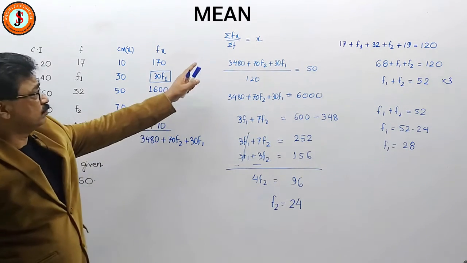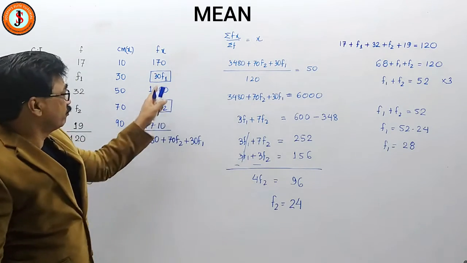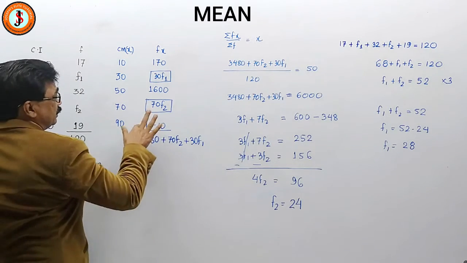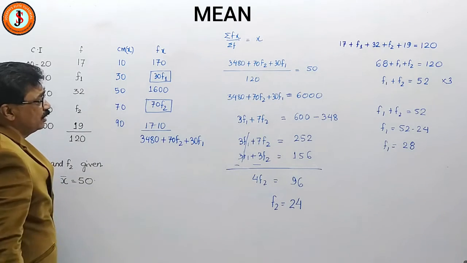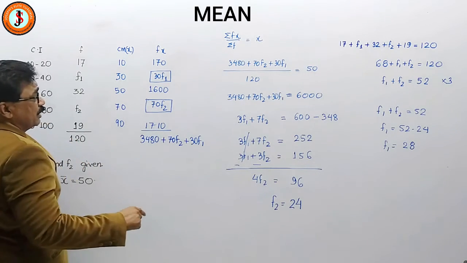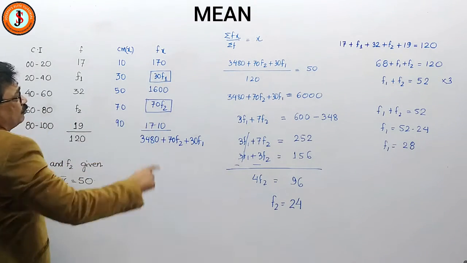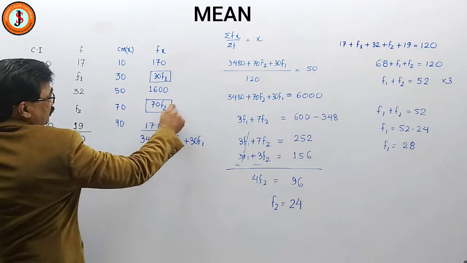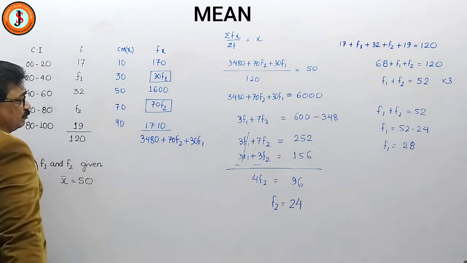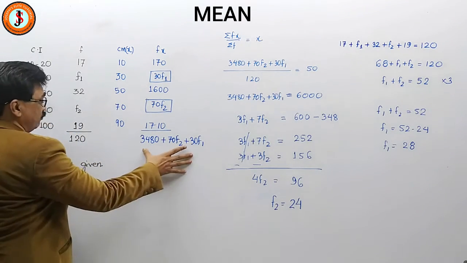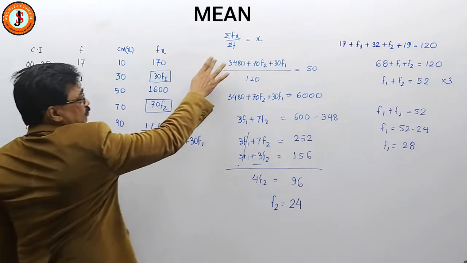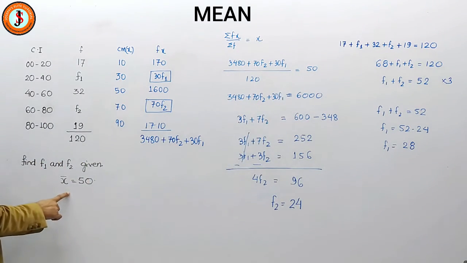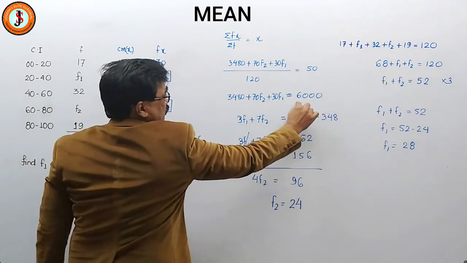Now what happens? I also know that mean is equal to sigma fx by sigma f. So I got fx over here. I total it. We've got to go fast: 1700 and 1600 is 3300, and then this 10, so 3310, and 100 from here 3410, plus 70 is 3480, and then we keep the algebra separately, 70f2 plus 30f1. So this is sigma fx, this is sigma f. So sigma fx by sigma f is equal to the mean, which is given as 50. So this goes this side, so 6000.